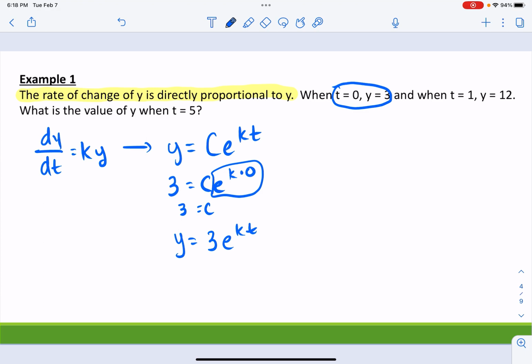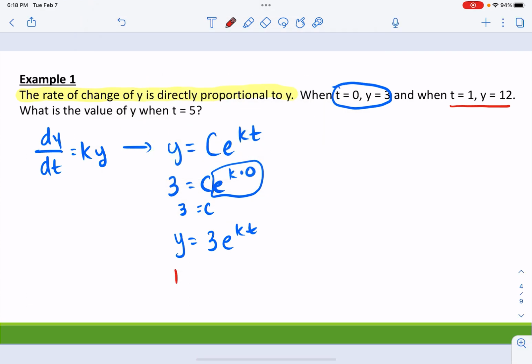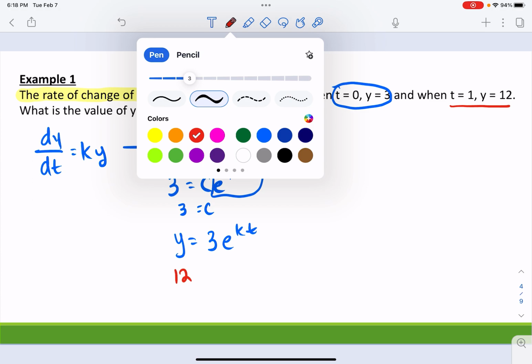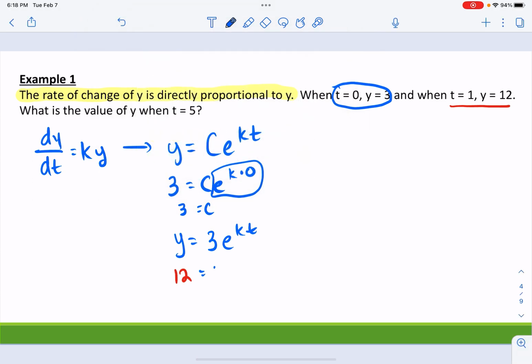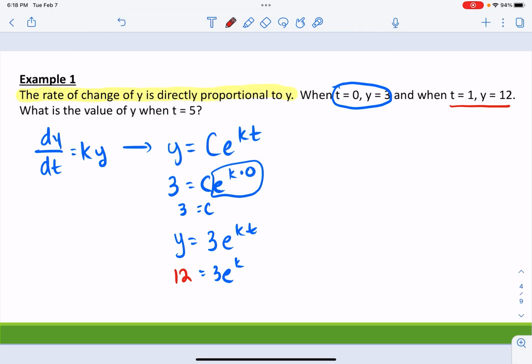So I use this idea to solve for k. I plug in y equals 12 when t equals 1.